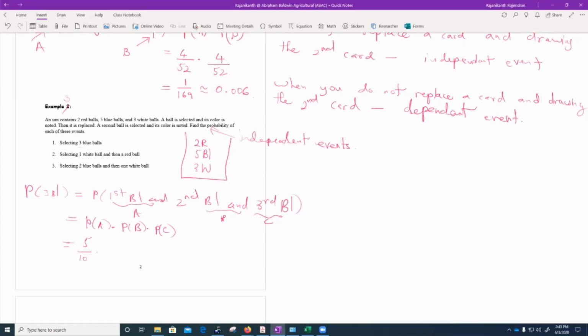So again, the second time you will have 10 possibilities, and getting blue is again 5 over 10. Even for the third time it is 5 over 10. This is the probability of getting three blue balls. When you simplify this, take your calculator if you want. It is just half times half times half, which is 1 over 8.